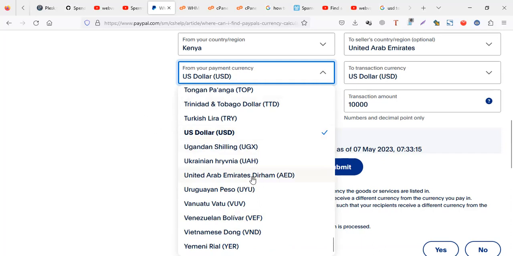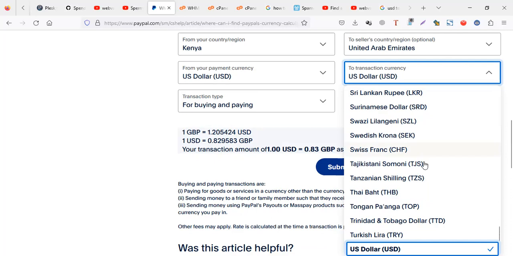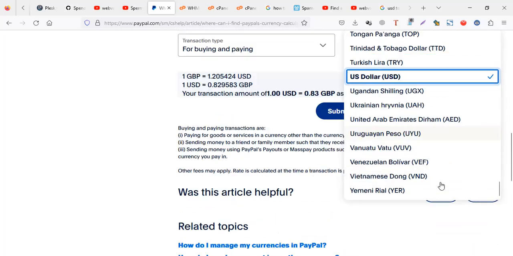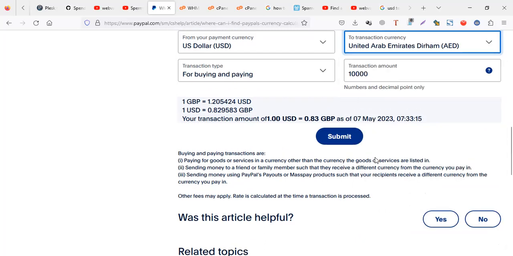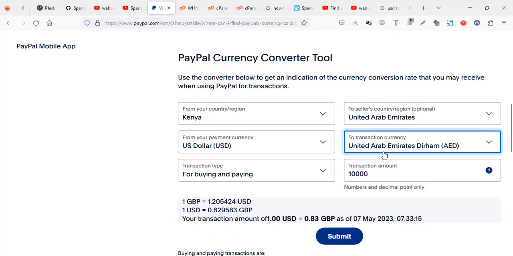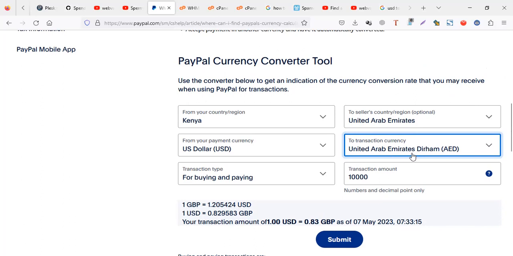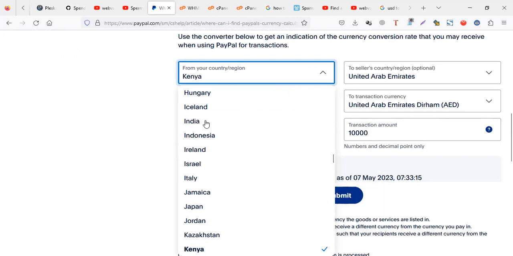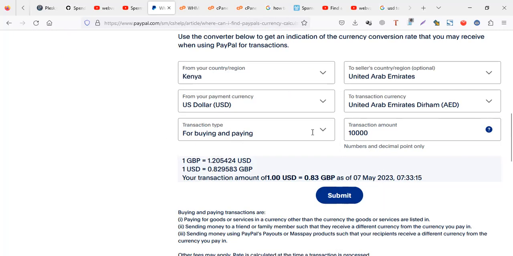Okay, my account is using AED currency, and I'm sending to someone in Kenya, and he uses US dollars. So I'm sending 10,000 AED, and the other account is in US dollars. When I submit, PayPal is going to charge 1 USD at around 3.5.